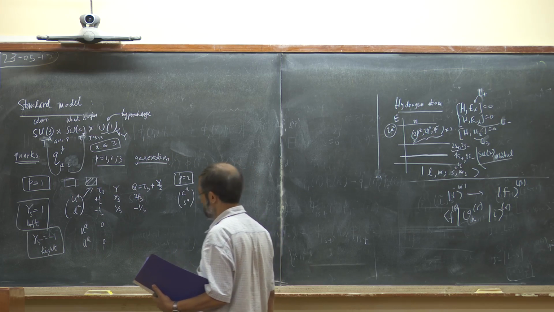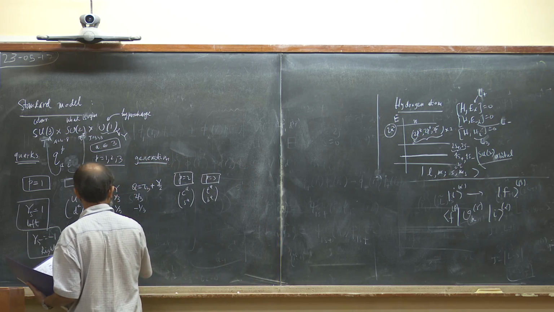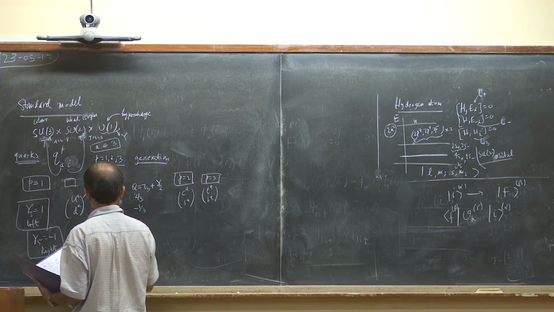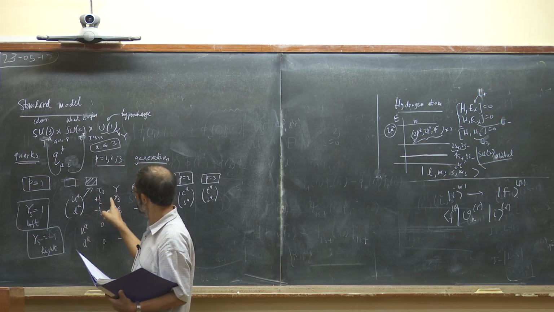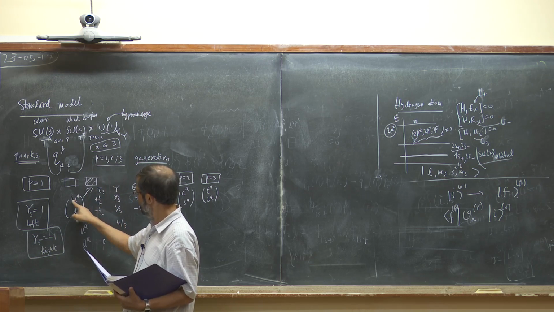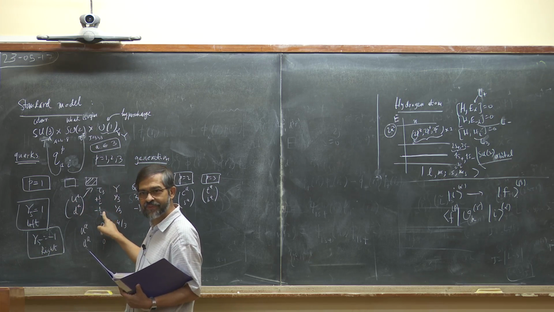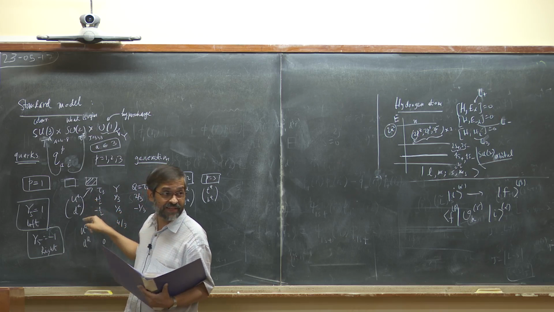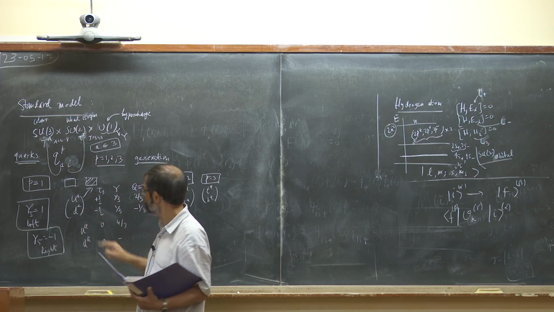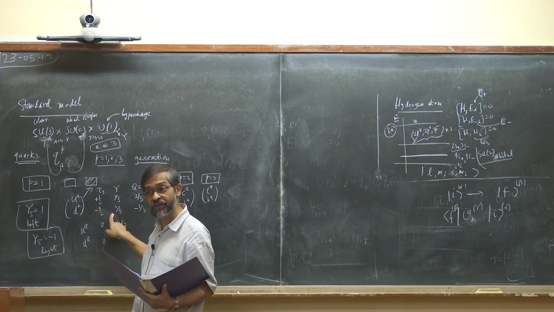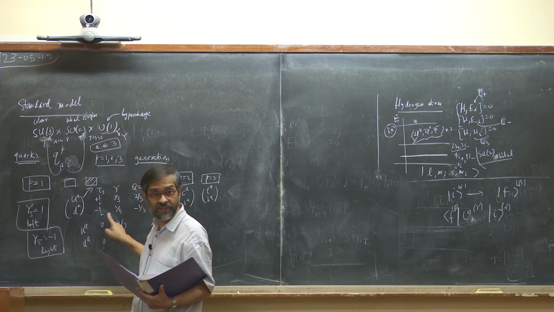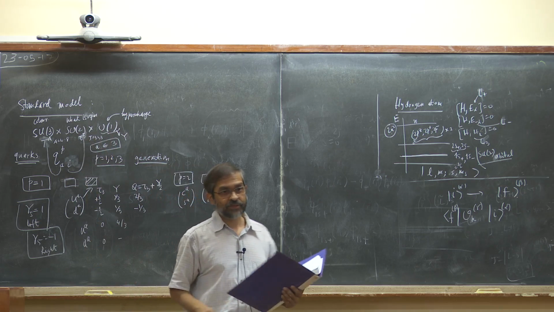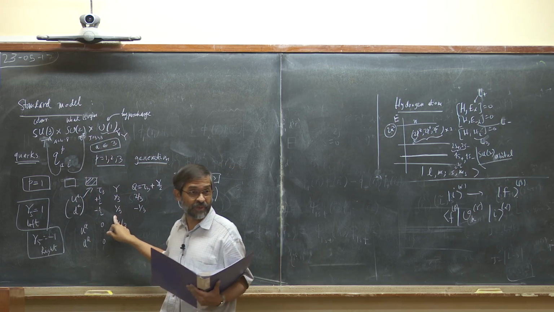And the hypercharges are given by these. Now here the hypercharges for U and D had to be the same, because these two are related by a symmetry, and these two symmetries were commuting. So if there is a 1/3 there, this better be 1/3 also.